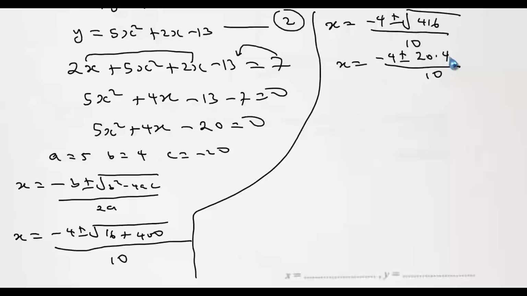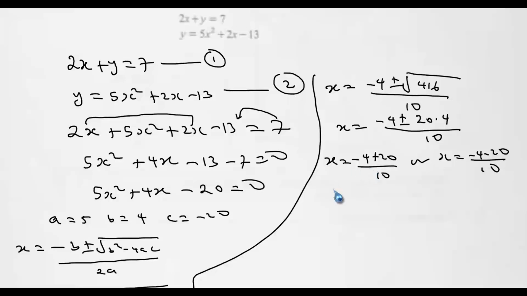So here you're going to have x equals minus 4 plus 20.4 over 10, or x equals minus 4 minus 20.4 over 10. So if you solve this, you get x equals 1.64, or x equals minus 2.44. So that's what you get here.